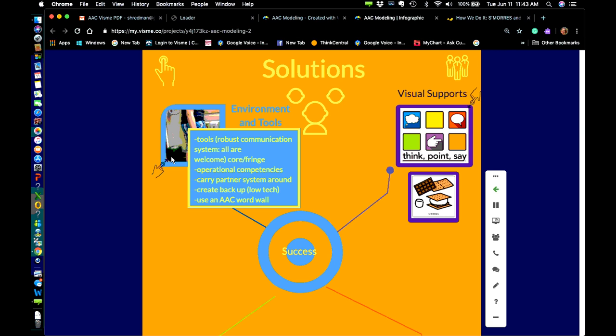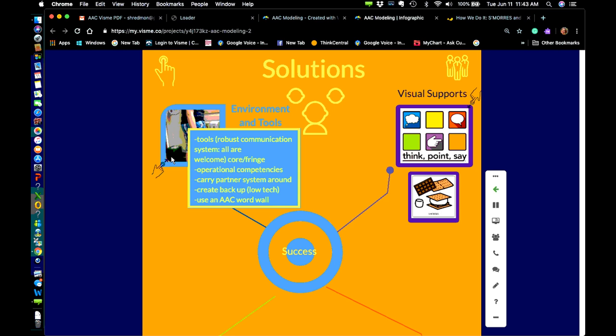It may mean printing out the vocabulary that's in their system. If you're using LAMP and use the PASS system, to be able to print that out. All the different systems have a printable feature. So having a low-tech version, which you're going to want anyway, right? We know that systems break down, batteries die, tech always has a problem. So having a low-tech system ready to go.